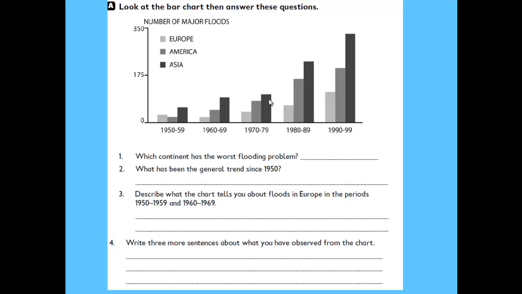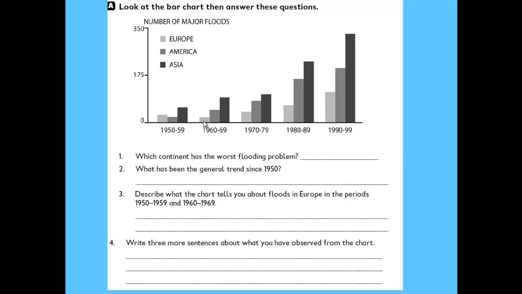So I will repeat. There were less floods in Europe from 1960 to 1969 than there were the previous decade, I mean 1950 till 1959. You can see it here. So this part is greater than that or this part.